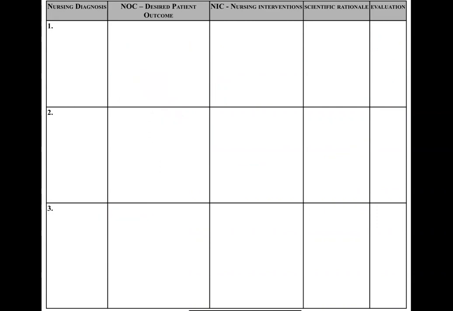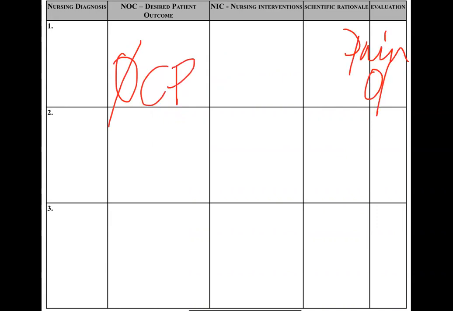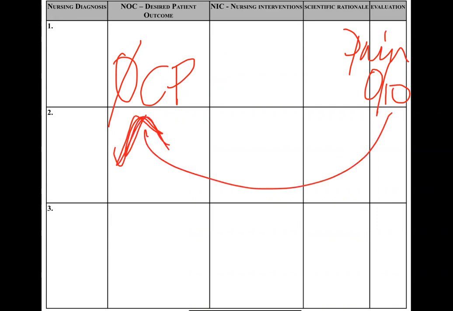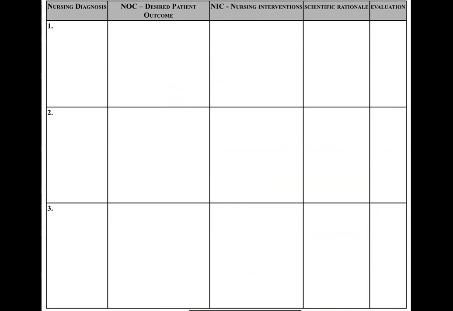However, if it did, if you wanted no chest pain, then pain here should be 0 out of 10, the same thing. This is what you want to achieve, and this is whether you achieved it or not. And that is the meat and potatoes of a care plan, because this page right here that you're seeing, this is the most important part of the care plan.